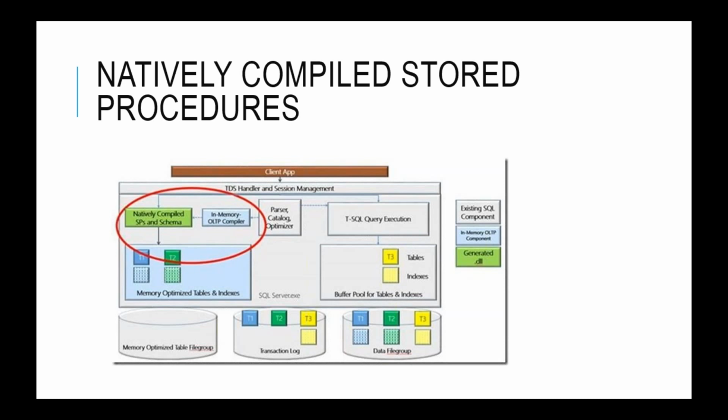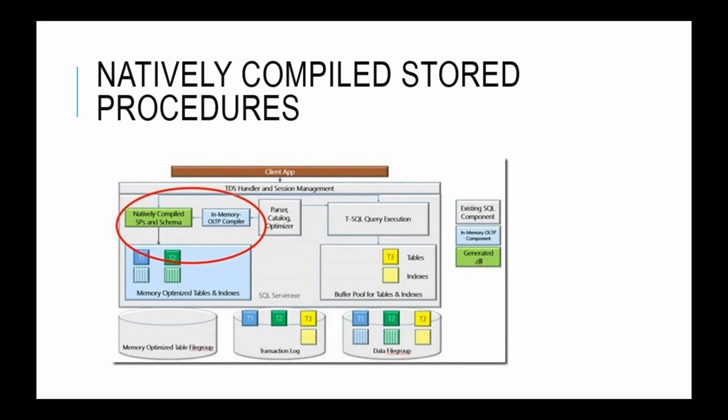And I don't have a slide on this, but just write it down. Just remember it. In the current version of SQL Server 2016 and Azure SQL Database, the natively compiled stored procedures are limited in a lot of things.